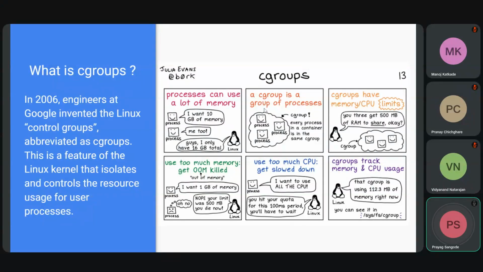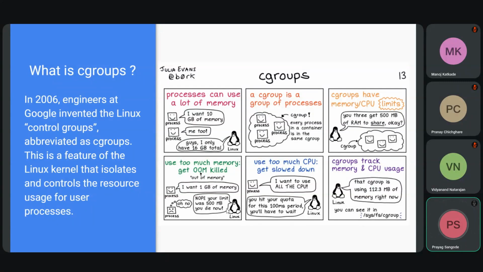If you read it here, a cgroup is a group of processes. Every process in a container is in the same cgroup. Cgroups have memory and CPU limits, for example, you three get 500 MB of RAM to share. If there is too much memory usage, then it won't be given more memory.